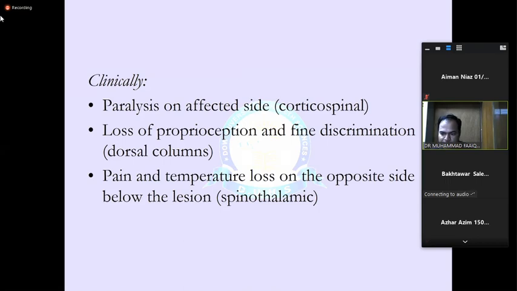And number three, contralateral pain and temperature loss. So, Brown-Séquard syndrome has three important clinical features: ipsilateral motor loss, ipsilateral loss of proprioception, and contralateral loss of pain and temperature below the level of injury.